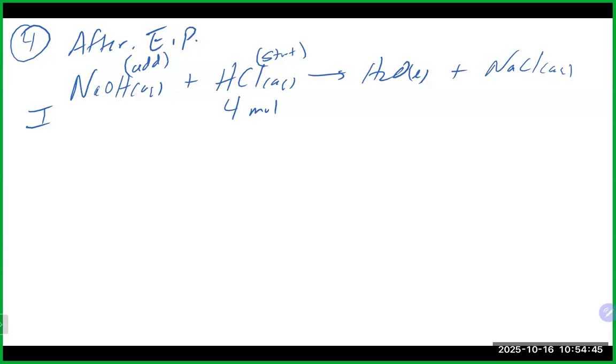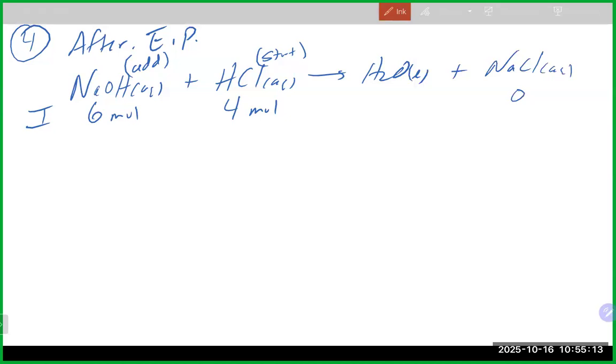Now that I am past the equivalence point, should the moles of my base in this case be less than, equal to, or greater than what I started with? Should be greater than, right? So we hit the equivalence point a second ago. Now we're still adding our base, so we're just going to go higher than the starting amount. So again, just making up the number, I'm going to go with 6. Sounds like a nice number. And we'll go with 0 here.